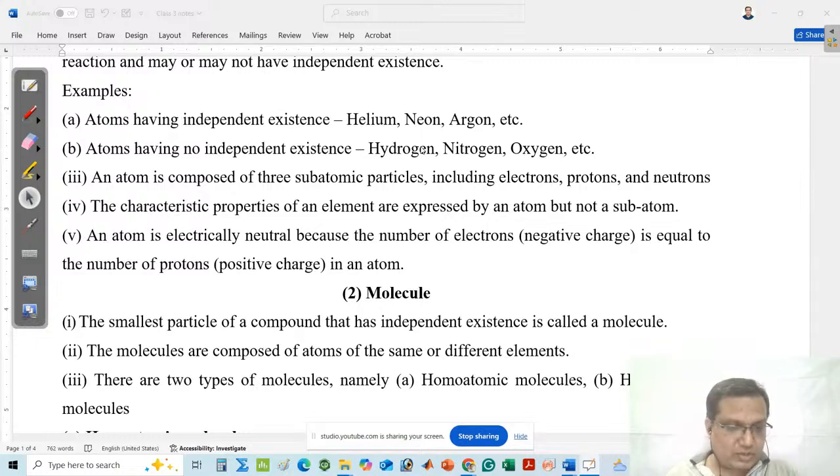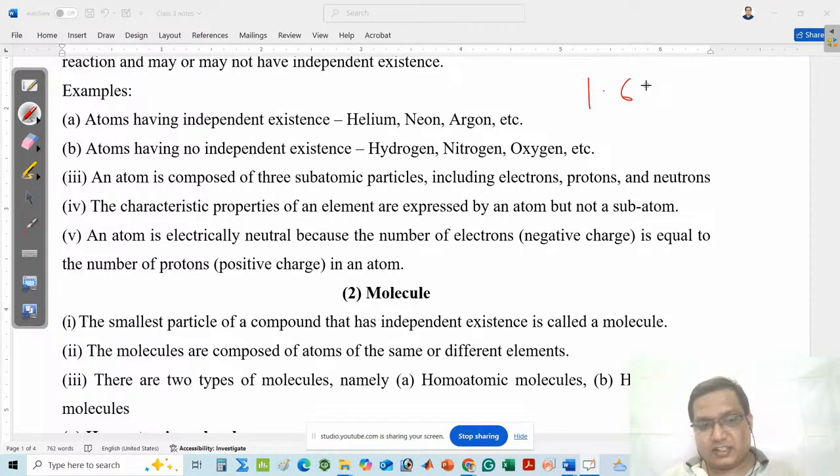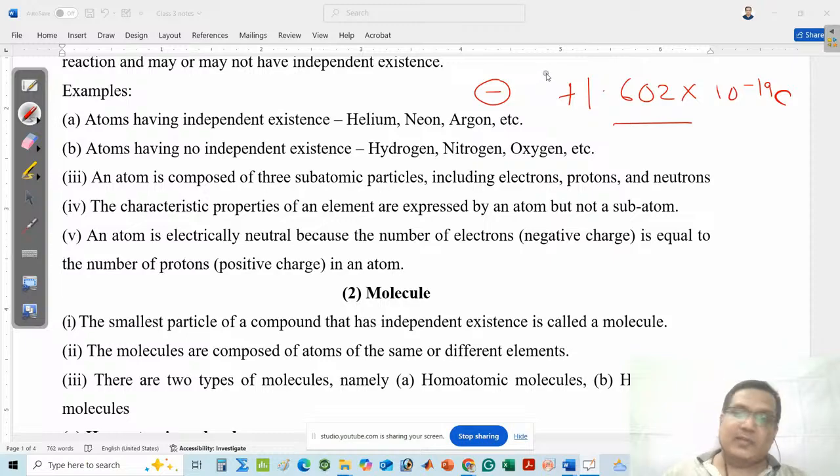That means the charge of an electron is how much? 1.602 into 10 to the power minus 19 coulomb. For proton you can write plus, and for electron you can write minus. Both have the same magnitude of charge, but they are different in sign. Negative is for electron, positive for proton.